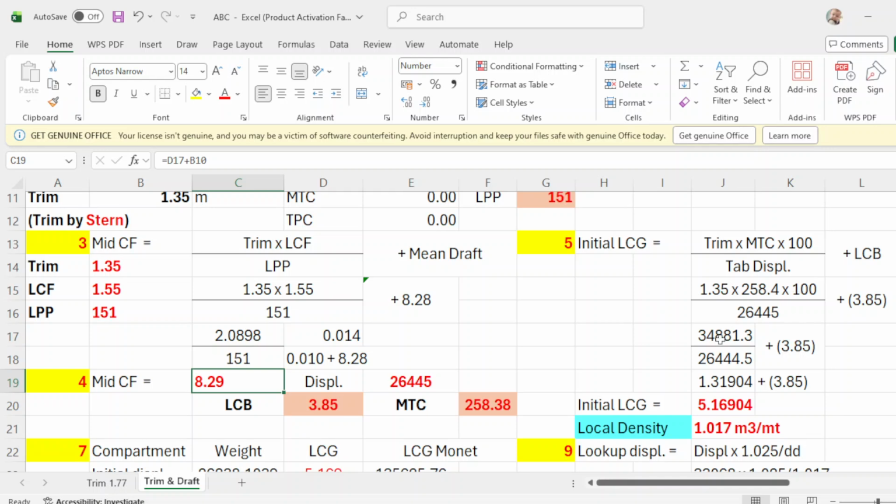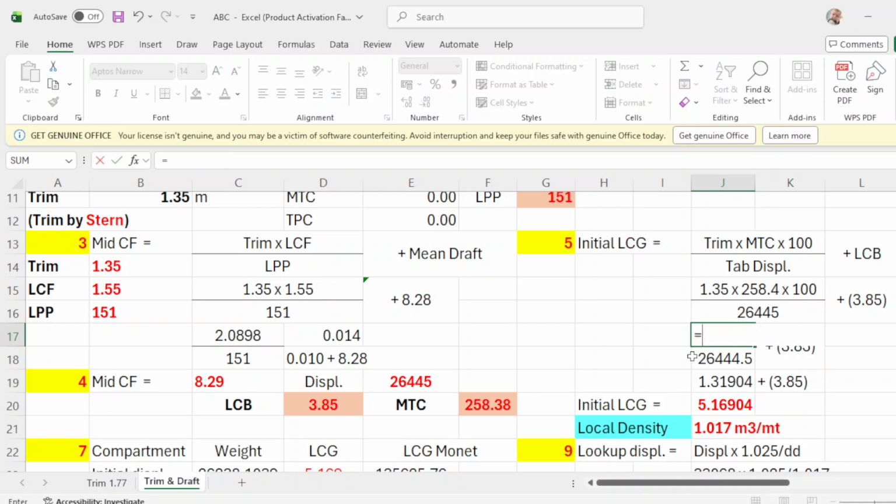Multiply this one. Put equals trim 1.35. Click this one times your MTC, which is this one, times 100, equals.